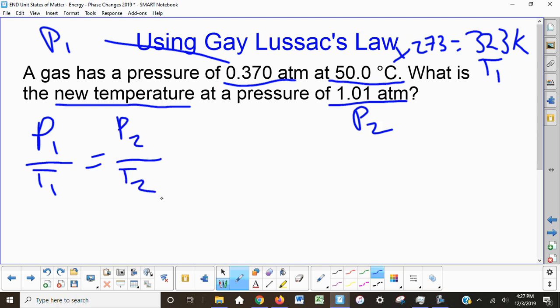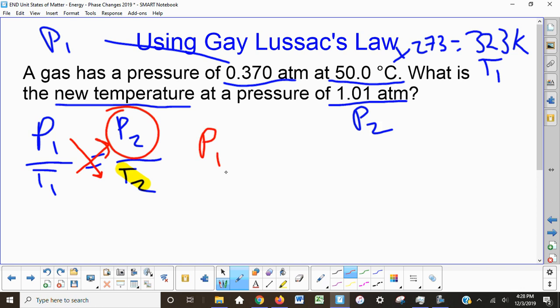Now this time we want to solve for T2. That's what the problem states. And this variable is in the denominator. If you don't know how to rearrange an equation when the variable you're solving for is in the denominator, you cannot just divide both sides by P2 because then your T2 is still in the denominator. So if you're ever solving for T2, you're going to cross multiply your equation and rewrite it.